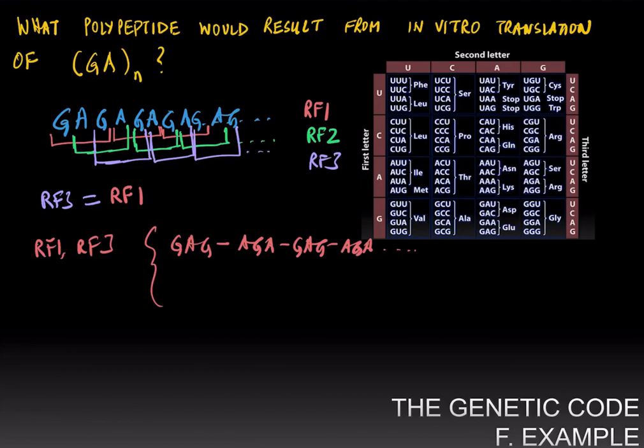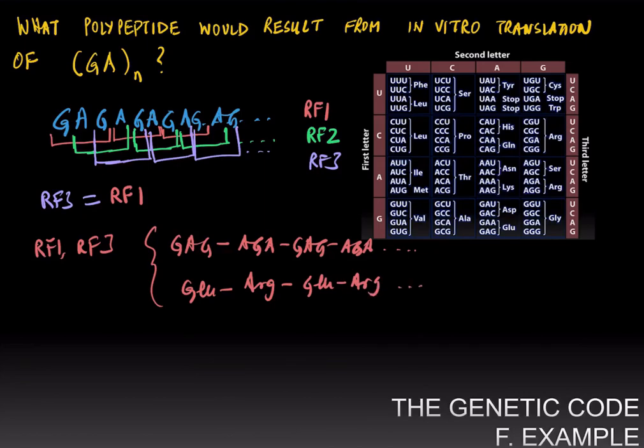And GAG codes for glutamate, so we'll have glutamate, and AGA codes for arginine, we'll have arginine, and then glutamate, and then arginine.